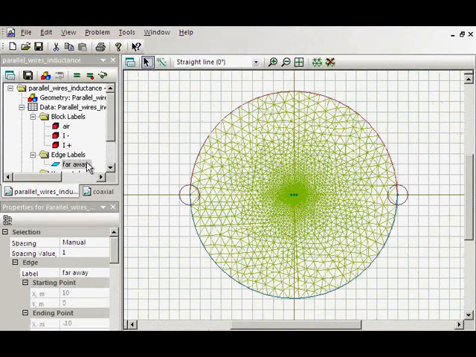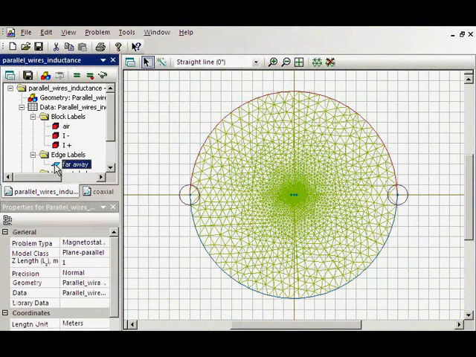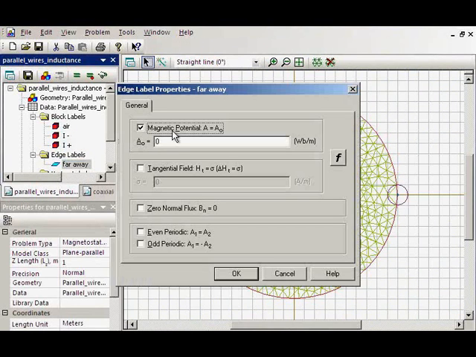And this is the faraway boundary, with zero magnetic potential.